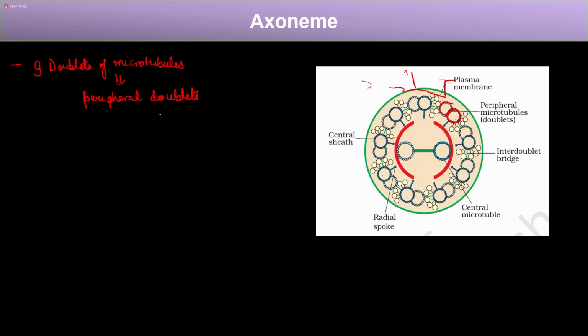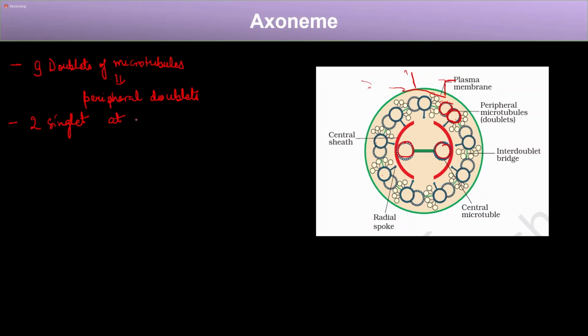Okay. Now, the second thing that we are seeing in the structure is two microtubules located at the center. Since these microtubules are single, they are called singlets.